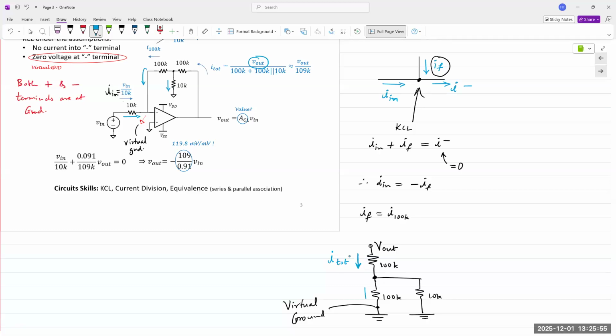And then a portion of it goes down 100K, another portion goes down the 10K. So this is labeled as I100K. And this is not shown, but let's just call it I10K. We apply the current division principle, and you can calculate I100K directly from there.